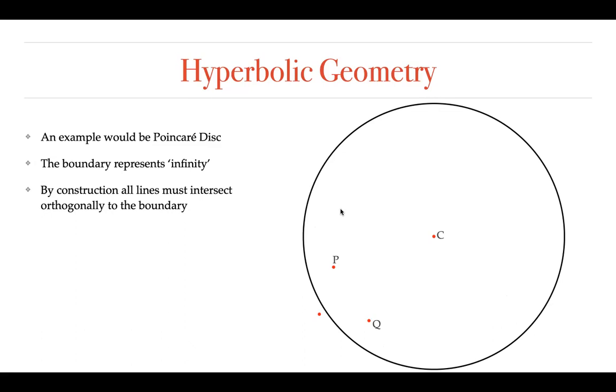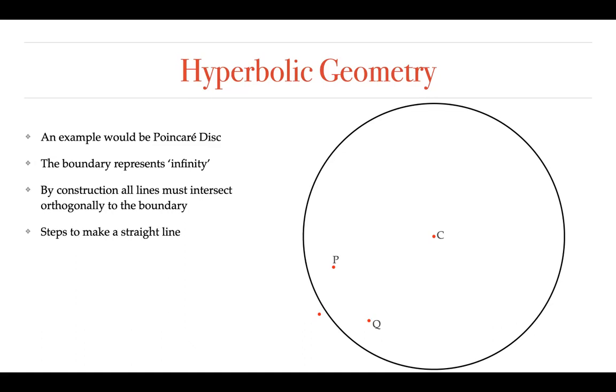So if there's a point P here and a line passes through it, this angle should be 90 degrees. I'm not sure how this requirement comes about, but I should read about it, and I will let you know later.